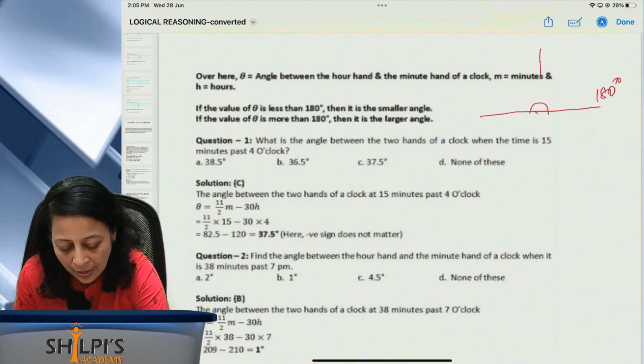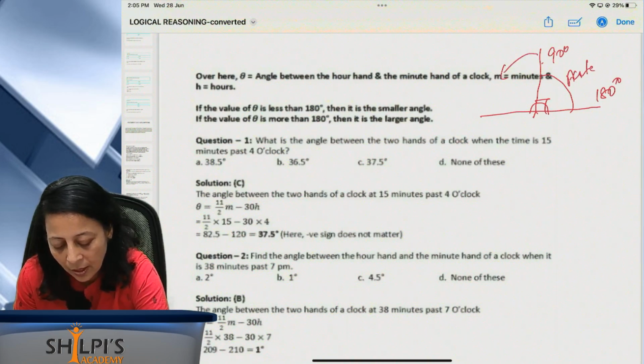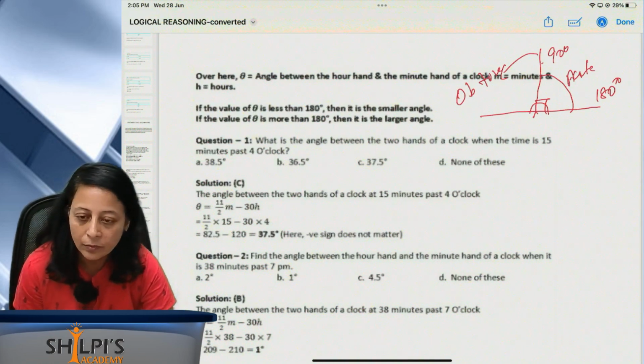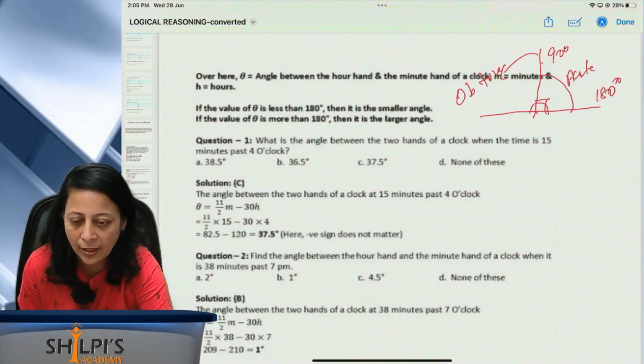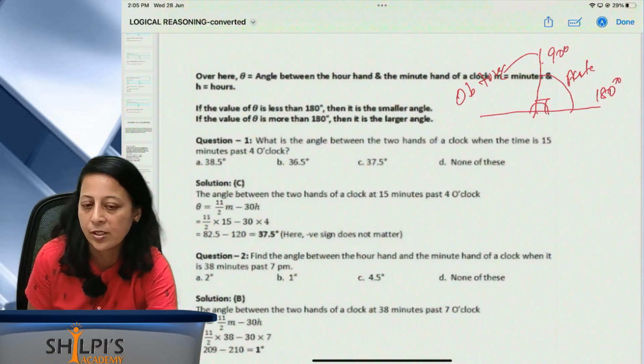This is a 90 degree angle. Less than this will be your acute angle, and more than this it will be your obtuse angle. Okay. So as the value of theta is less than 180 degrees, it is a smaller angle. If it is more than 180, it is considered as a larger angle.